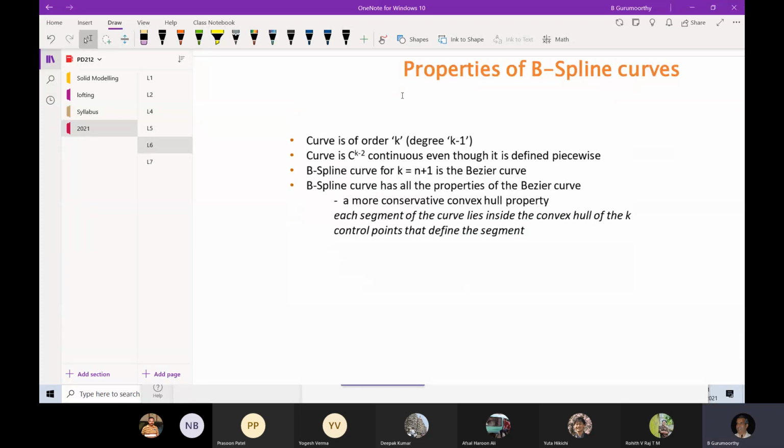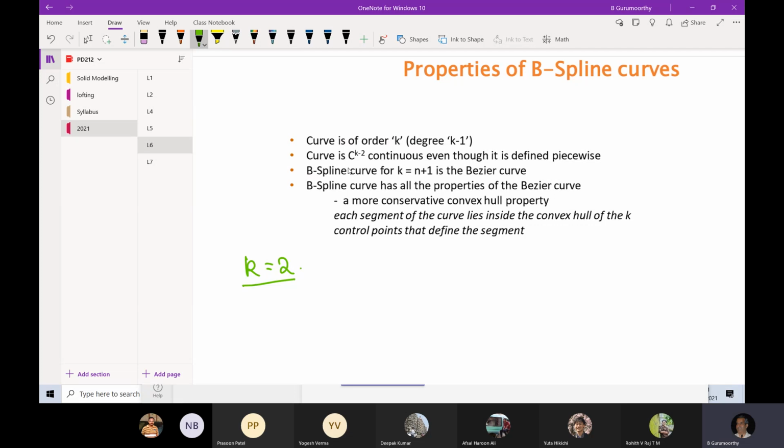And so now I have a question for you. The other extreme that we talked about for k was 2. We have seen what happens at k equals n plus 1: you get the Bezier. But for k equals 2, what is the curve that I will get?